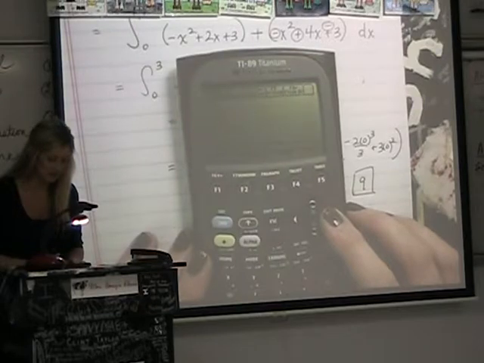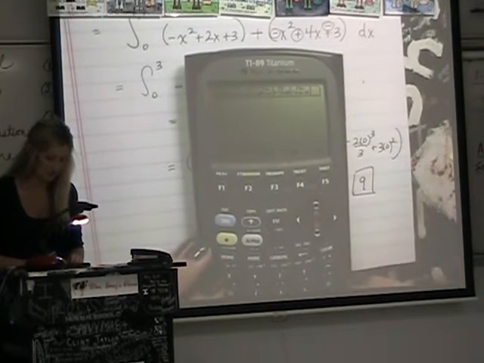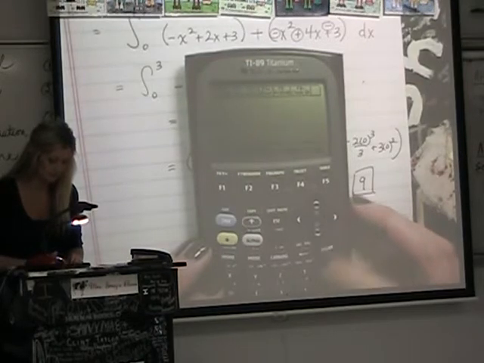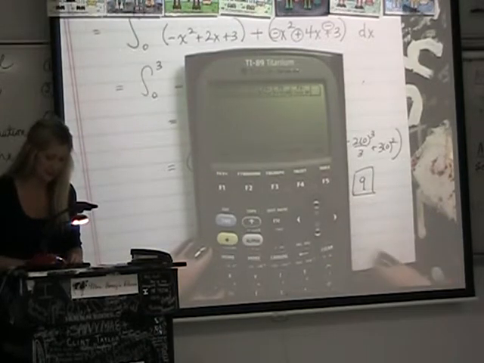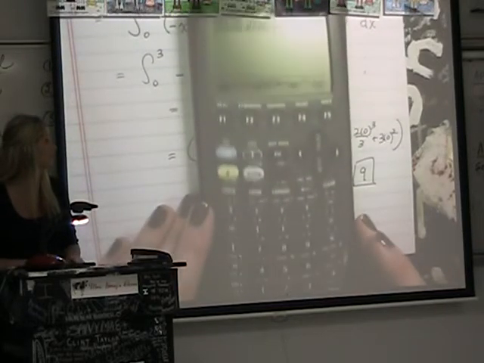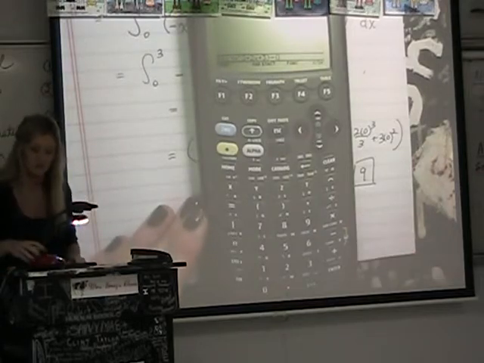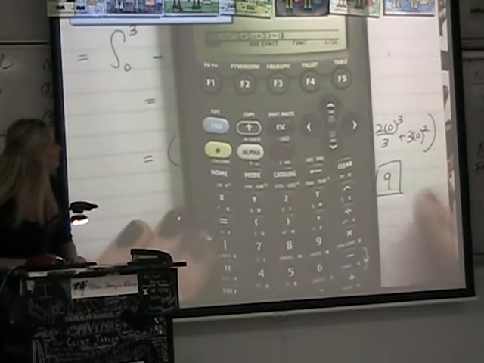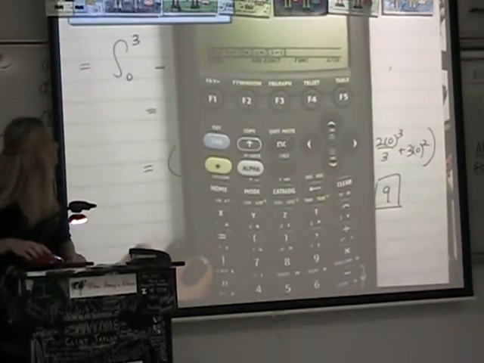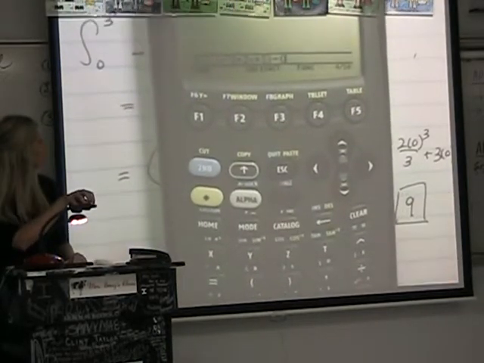So negative x squared plus 2x plus 3 in one set of parentheses, then minus, open a new set of parentheses. I'm going to zoom a little bit so you can see it better.